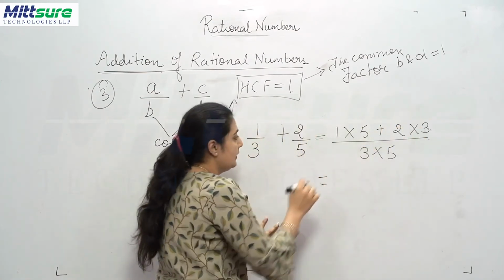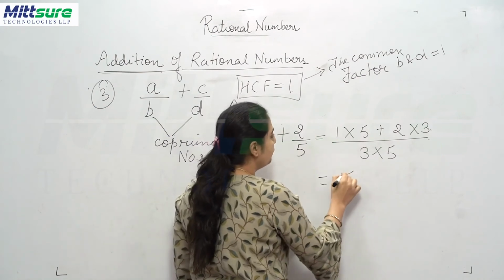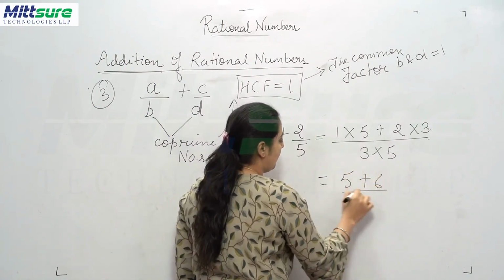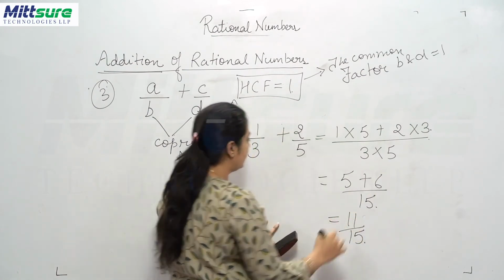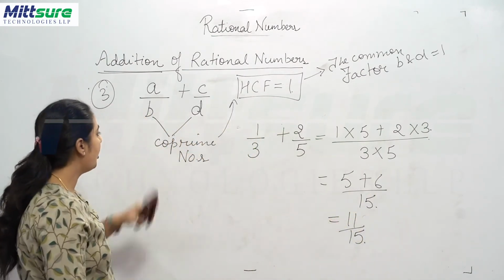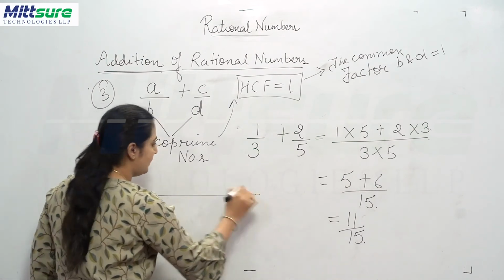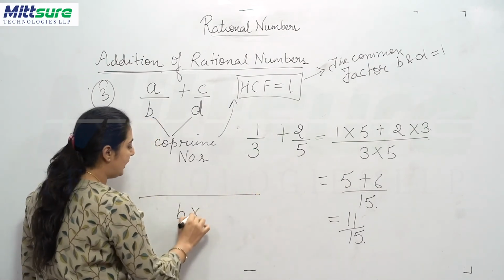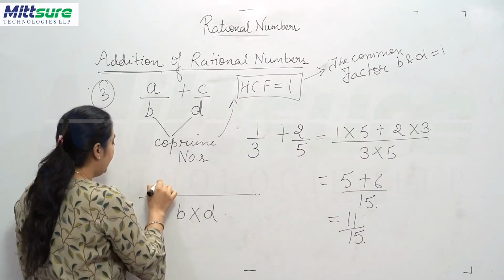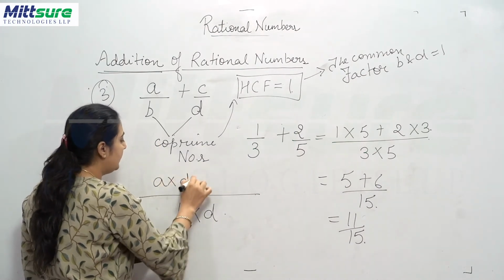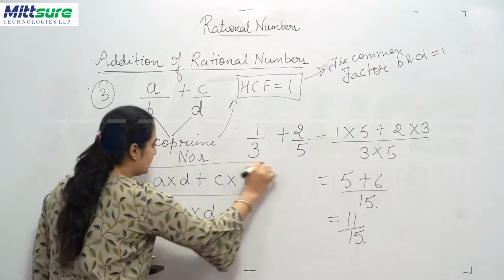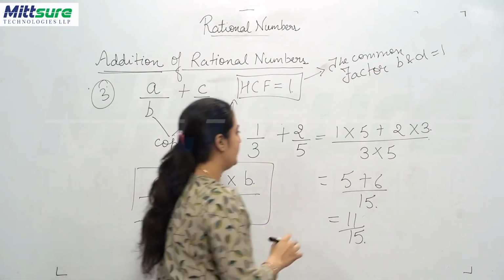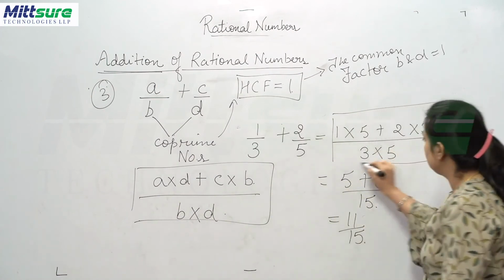Clear? Then what am I supposed to do? 5 plus 6 upon 15, that is 11 upon 15 is the sum. So this symbolic representation is written as b multiplied by d, a is multiplied by d plus c is multiplied by b. So this same symbolic representation is applied over here.